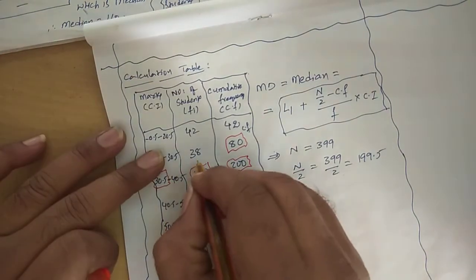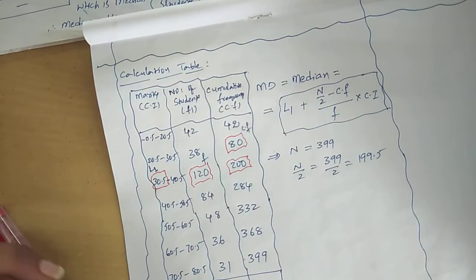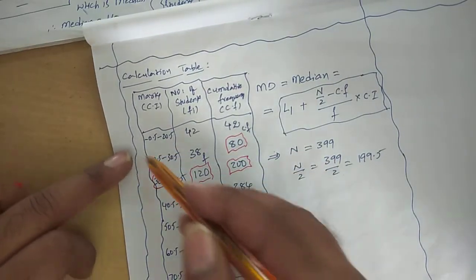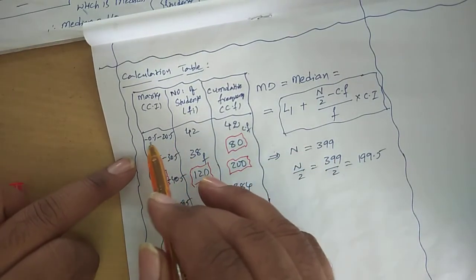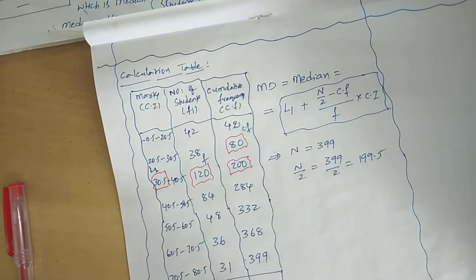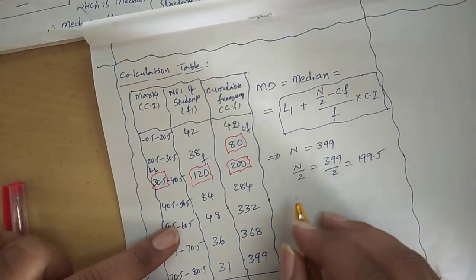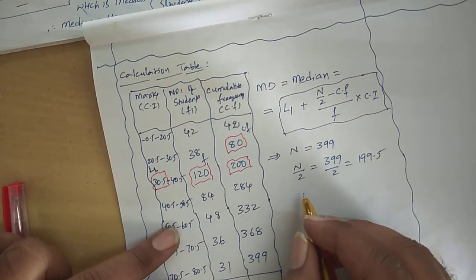So this is F, the frequency you got. Now what is CI? The common class interval length. So everywhere, what is that? 20.5 minus 10.5, the difference. So how much will you get here? 10. The class interval is nothing but 10.